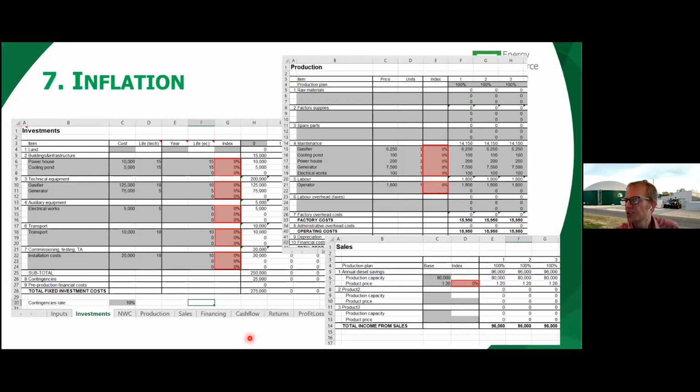Final indication in the financial model I've shared with you. You can include indexation of the prices, both in the investments cost sheet, as also in the production cost sheet, and also in the sales sheet, so that you automatically get an increase in the sales price throughout the project.